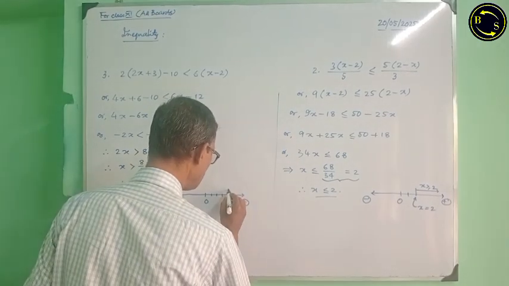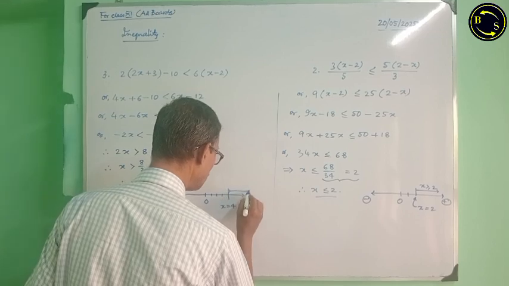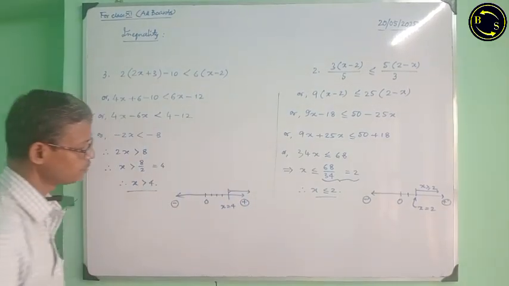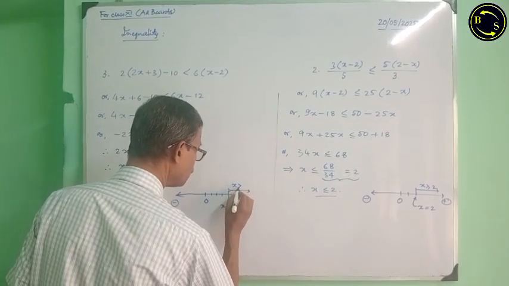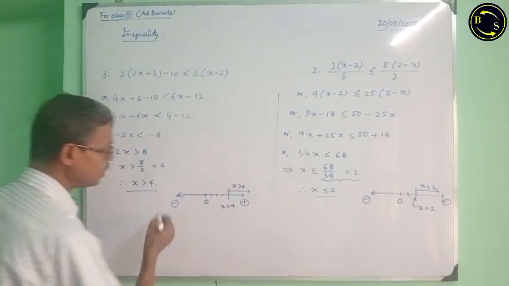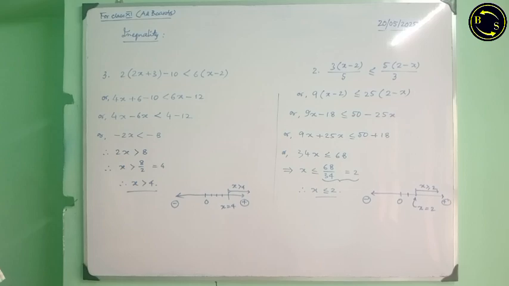Therefore, x greater than 4 is represented by this diagram using the number line.